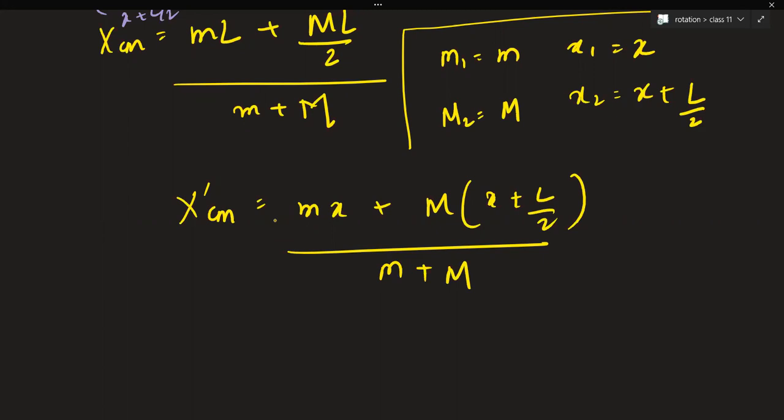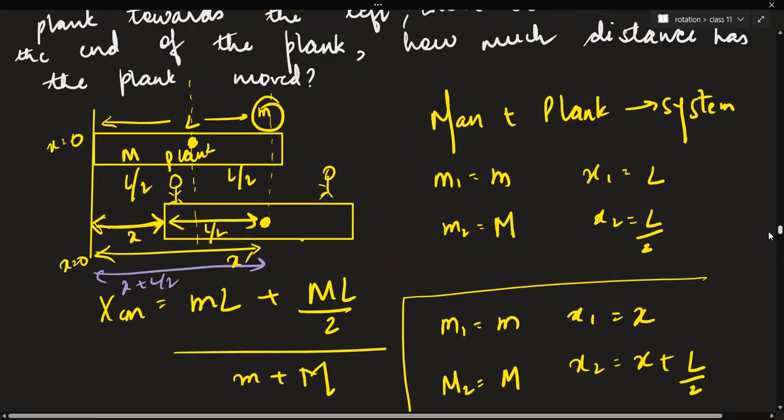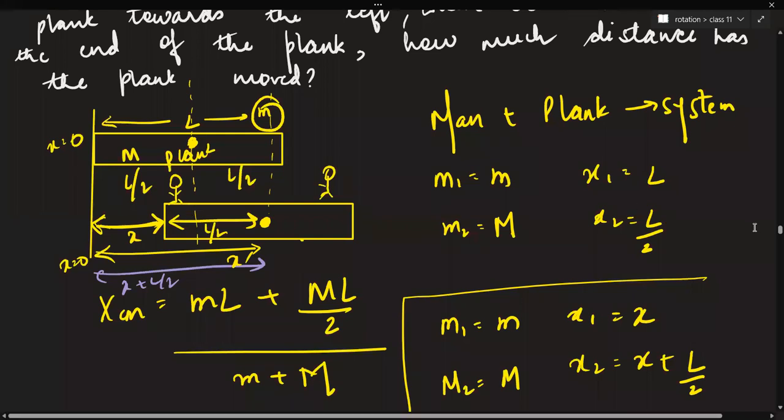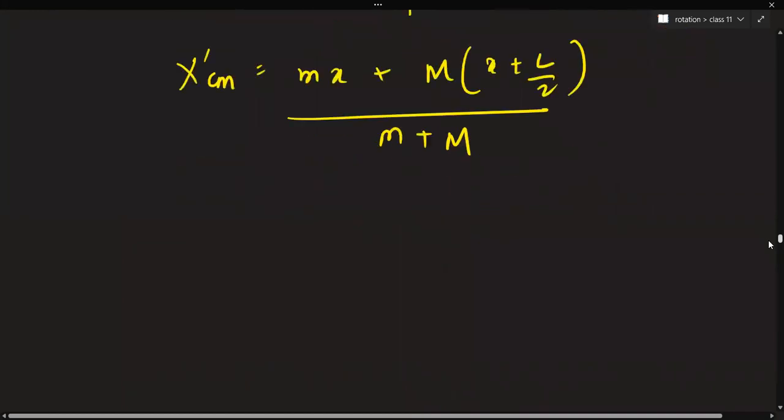Ultimately, the center of mass will remain the same, because of internal forces. It's not very visible in the diagram, but I'll do conservation of center of mass separately, and there you can notice it.